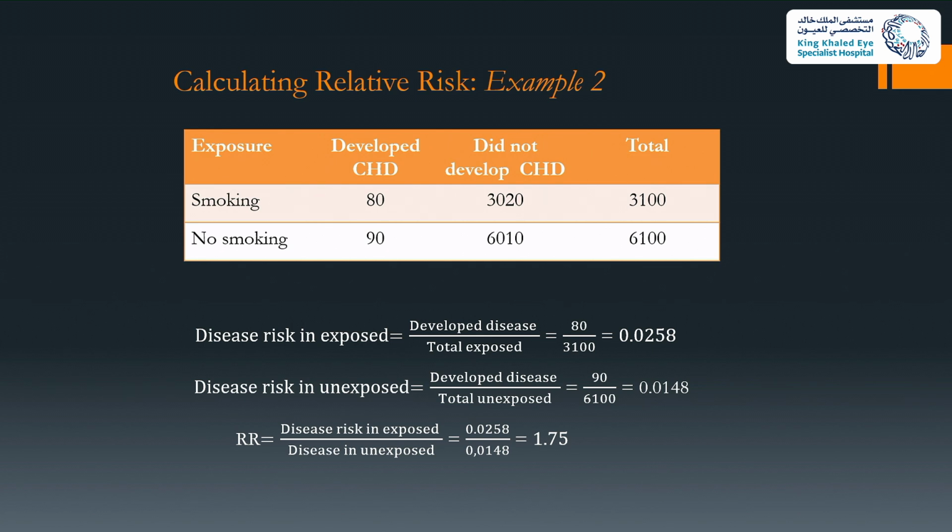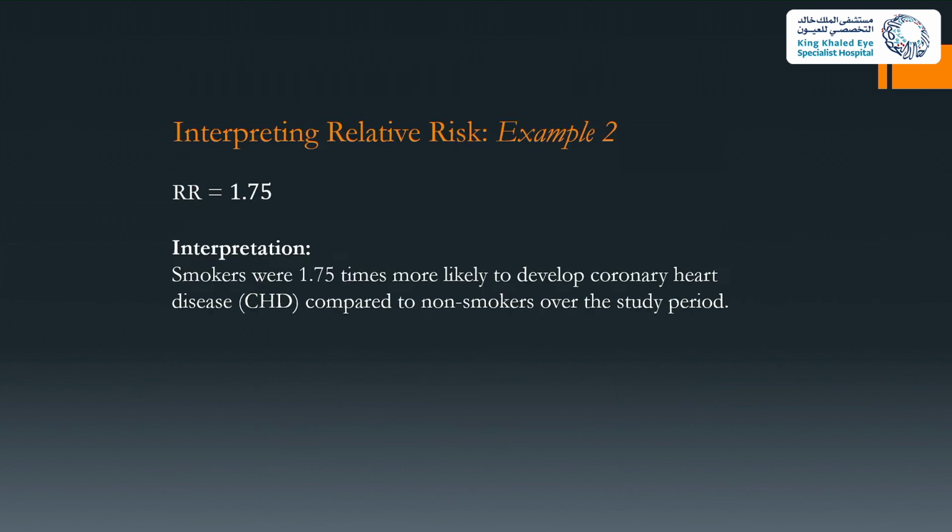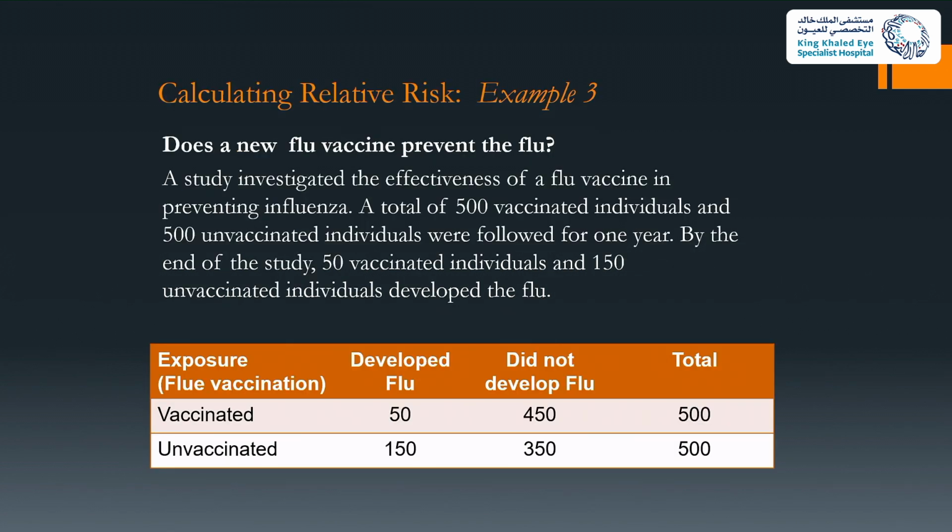And what is the result? 1.75. So how would you interpret it? Can anyone interpret it? Yes, please. Risk is higher? Okay, excellent. So the exposed are almost two times more likely to develop coronary heart disease over 10 years compared with non-smokers.